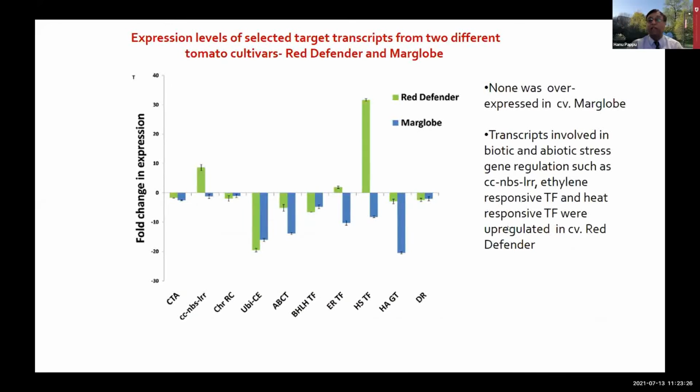And the bottom line is, it turned out that many of the transcripts in the tomato genome that are affected by TSW small RNAs happen to have a very important role in genes that are expressed in response to biotic or abiotic stress, many of them resistance genes. Right? So there are very distinct differences between resistant and susceptible varieties in terms of the changes in the host transcriptome.